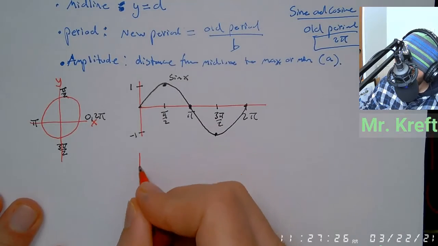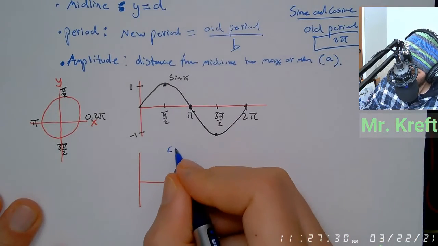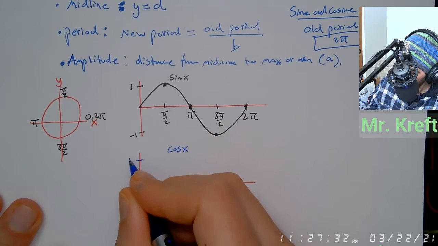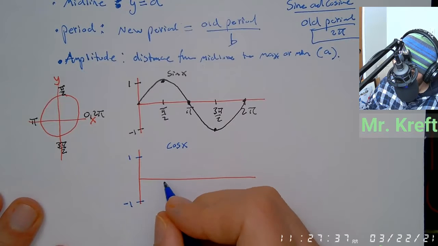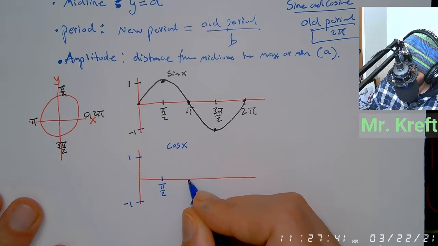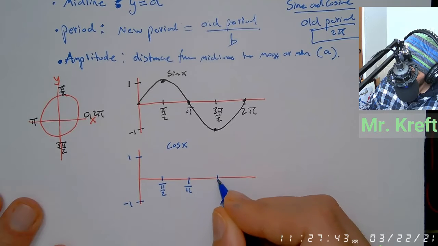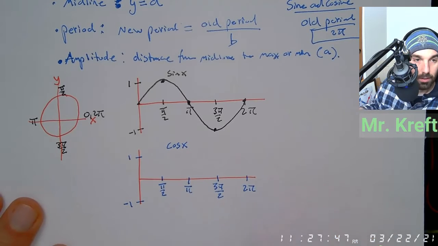And then if we want cosine of x, again, the radius is still going to be 1. And then we're going to have pi over 2, pi, 3 pi over 2, and 2 pi.